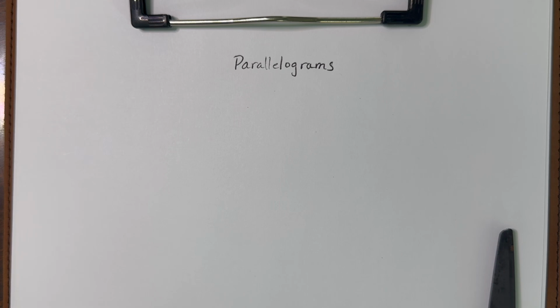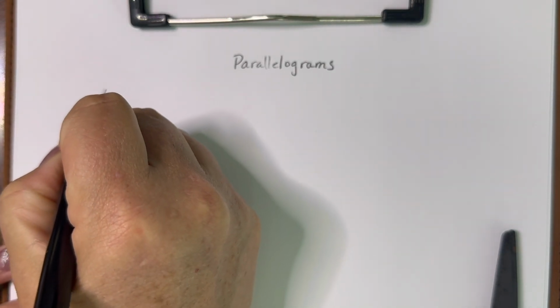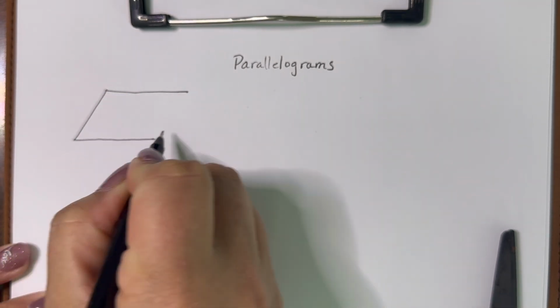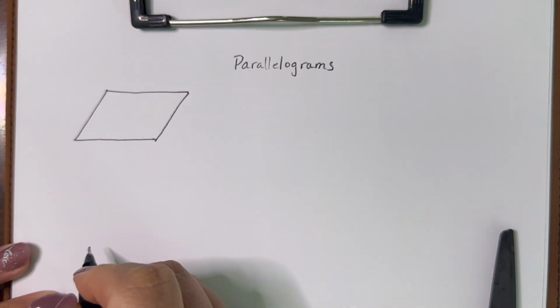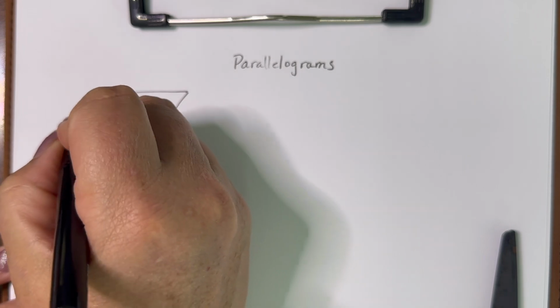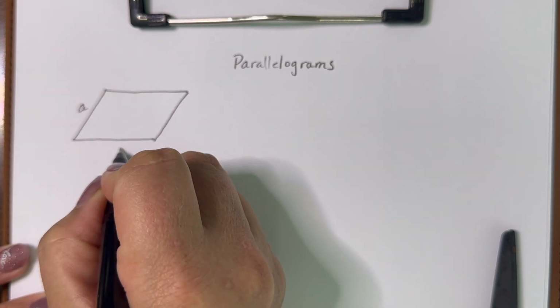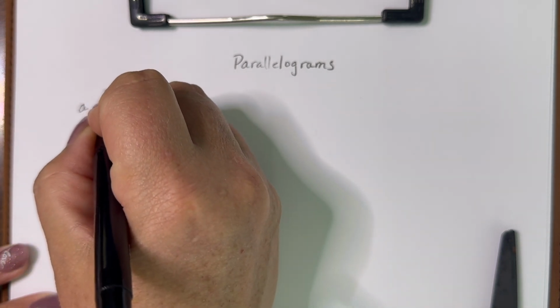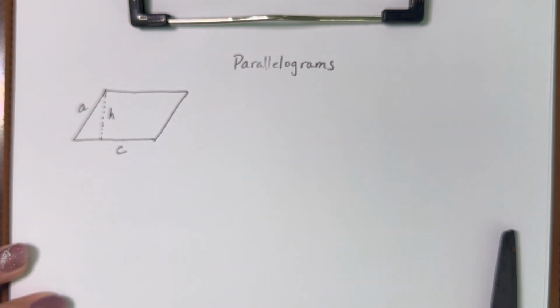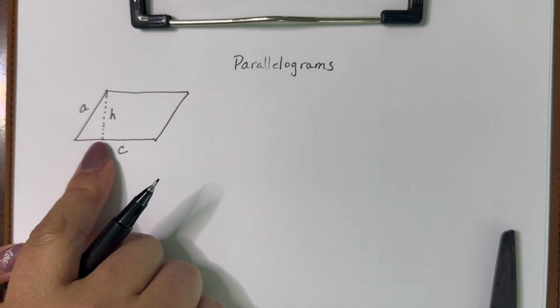So our first problem, get a good pen. Again, it's a parallelogram. When they give you parallelograms, they could name it anything they want. We'll say A, C, and the height is an H. Sometimes they'll do this in different colors.